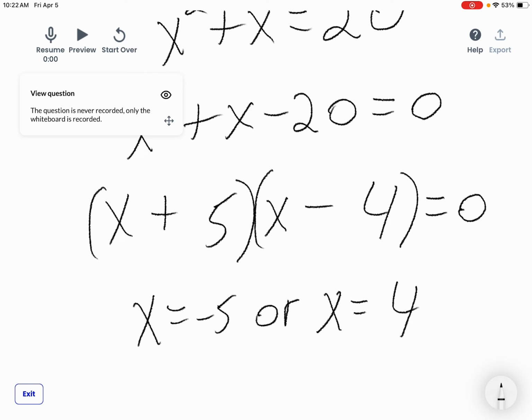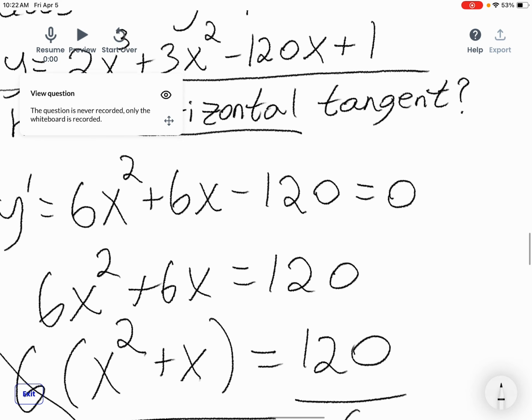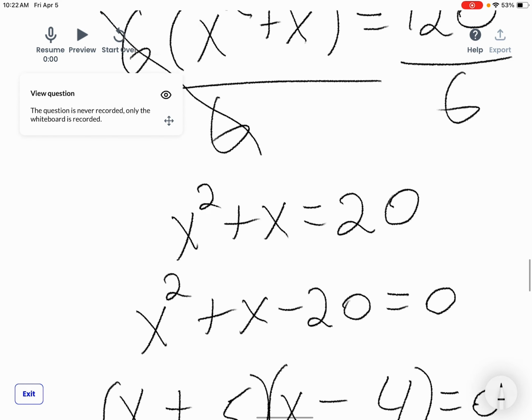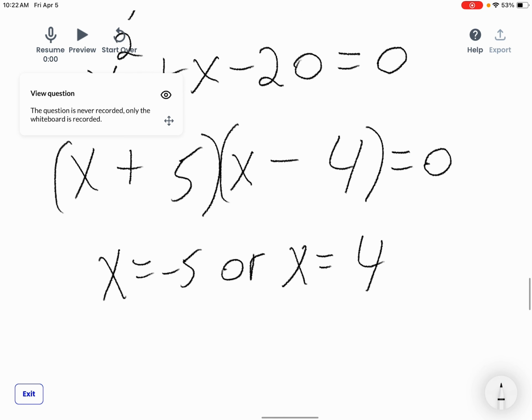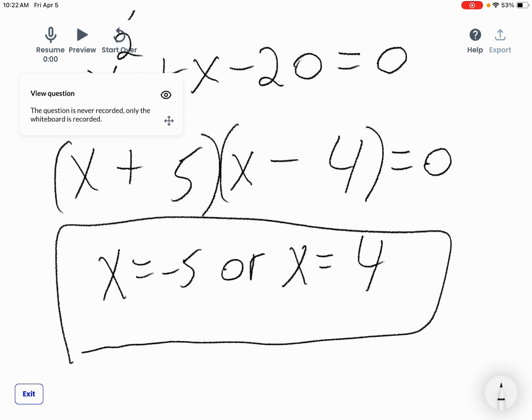So the values of x that make the derivative 0 and give us horizontal tangents are x equal to either negative 5 or x equal to 4.